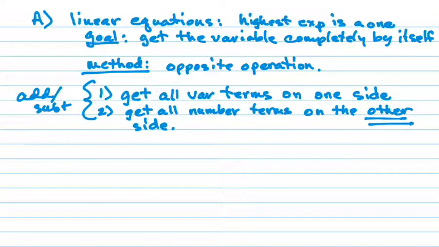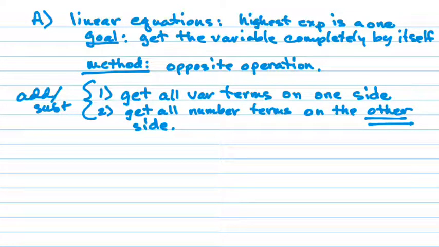So how would I move a negative 3? Add 3. But remember, I have to do it equally, so that means I add 3 to which side? Both sides. How would I move positive 2x? Subtract 2x from where? Both sides. Done. Okay? It's just that easy.